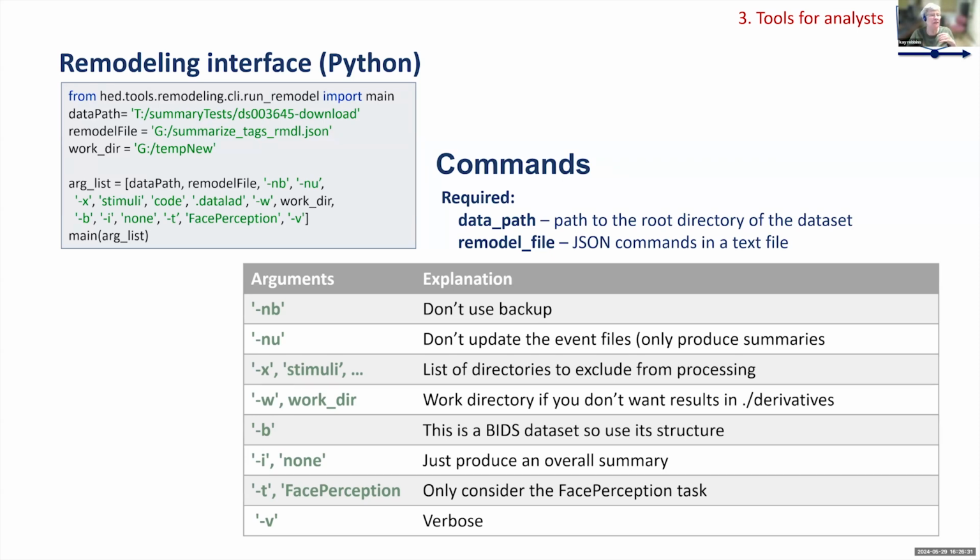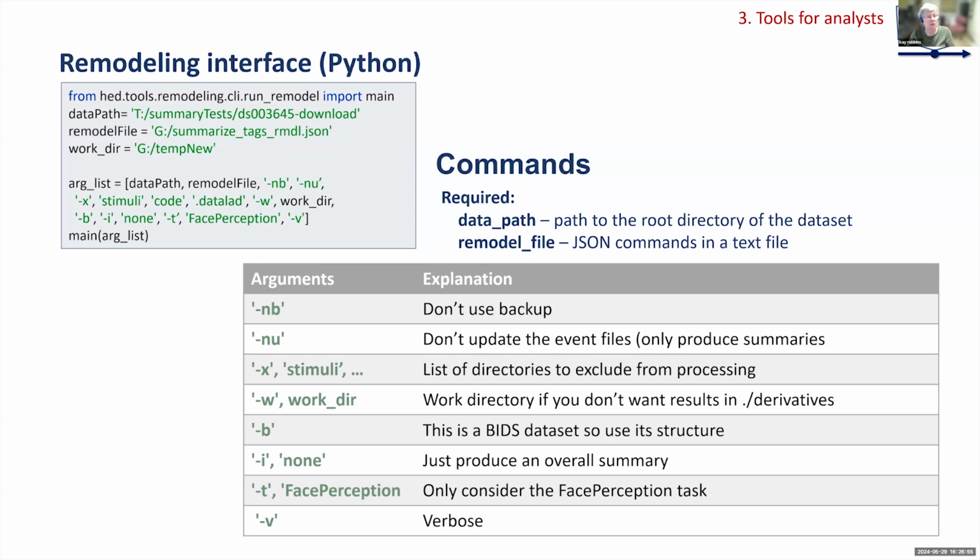You have to give the list of commands, which I'm calling the remodel file. In this particular case, I don't want to store the results in the derivatives subdirectory of the data set. I want to put it in a different place, so I'm going to give a work directory so that the output of the summaries is put there rather than in the data set itself.